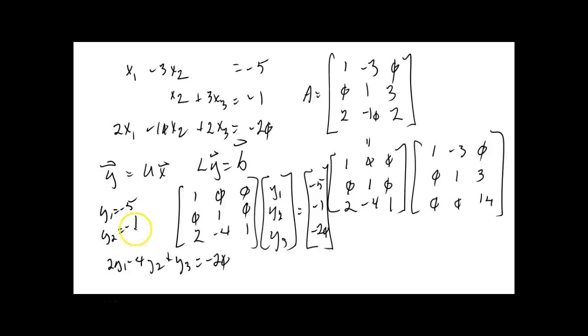But we know what y1 is, -5. So that's going to be 2 times -5 minus 4 times -1 plus y3 is equal to -20. Well, this is -10 plus 4 plus y3 is equal to -20.